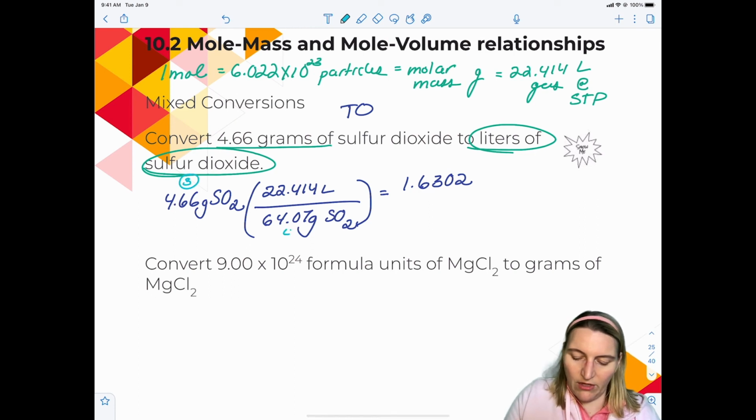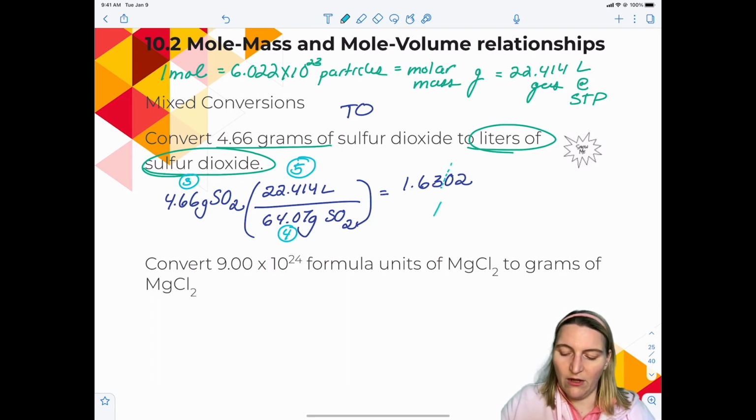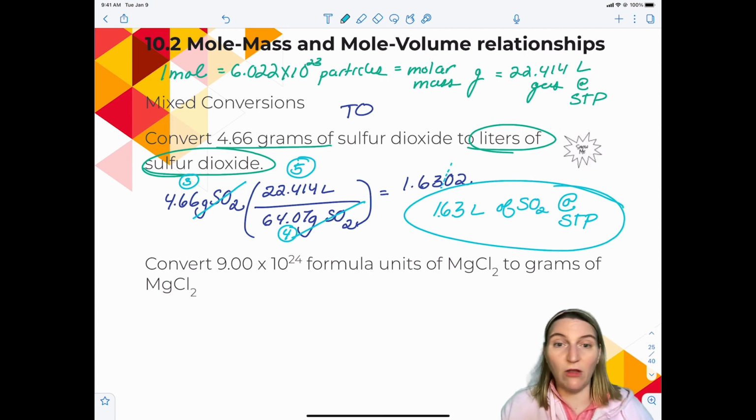This number has 3. This number has 4 because it came from the periodic table. And 22.414 has 5. So I'm just going to round this to 3. So 1.63. And then notice that my grams units cancel. So that would be liters of SO2. And then I like to write at the end at STP because that will not be true at any other temperature or pressure.